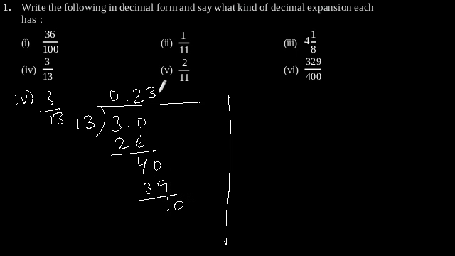Again less than 13. So we'll put 0 here and 0 here. 13 into 7, 91. Gives remainder 9.